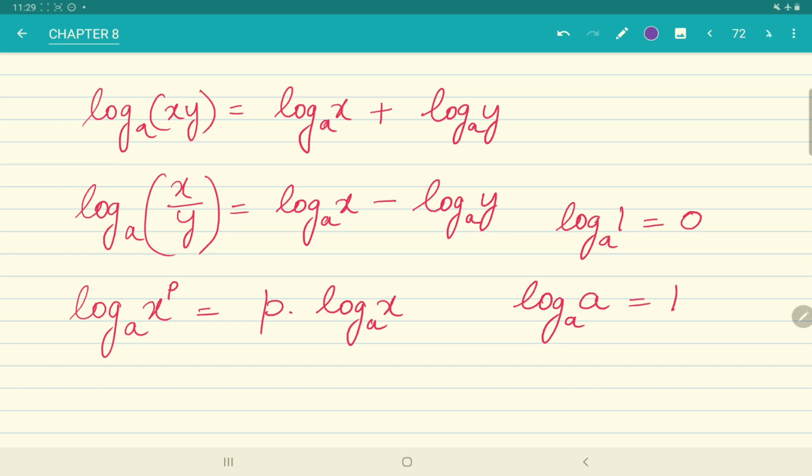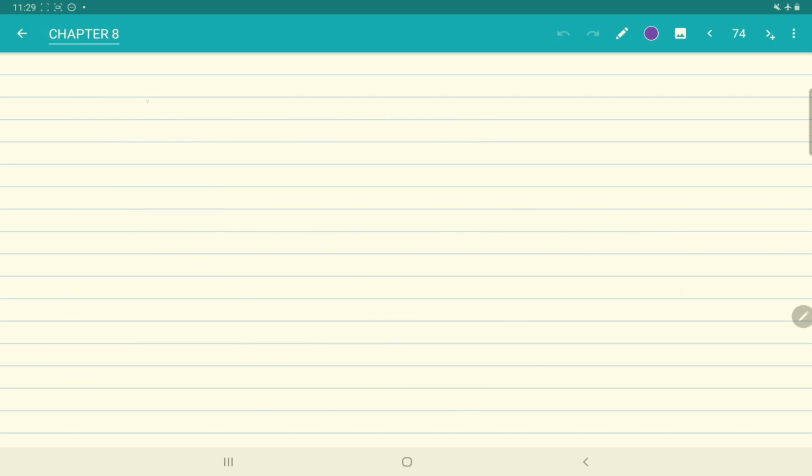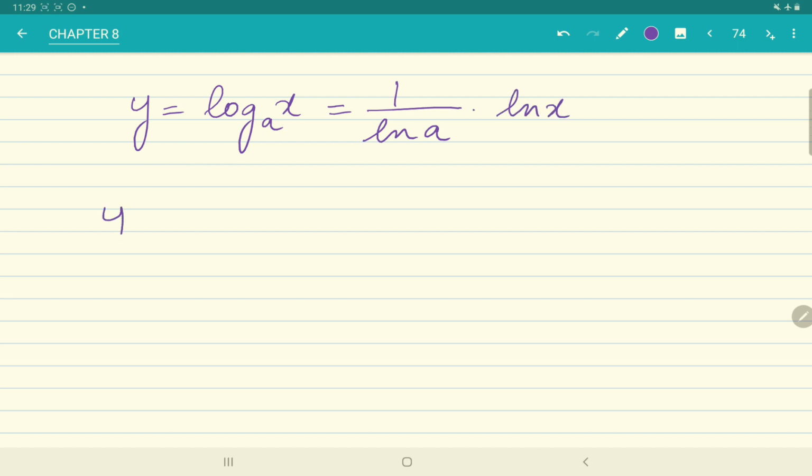Also, we have to keep this in mind that if I have y is equal to log of x to the base a, and I know that log of x to the base a is equal to 1 by ln a multiplied by ln x, that means I can think of what y prime will be, and that will be equal to 1 by ln a multiplied by 1 by x.